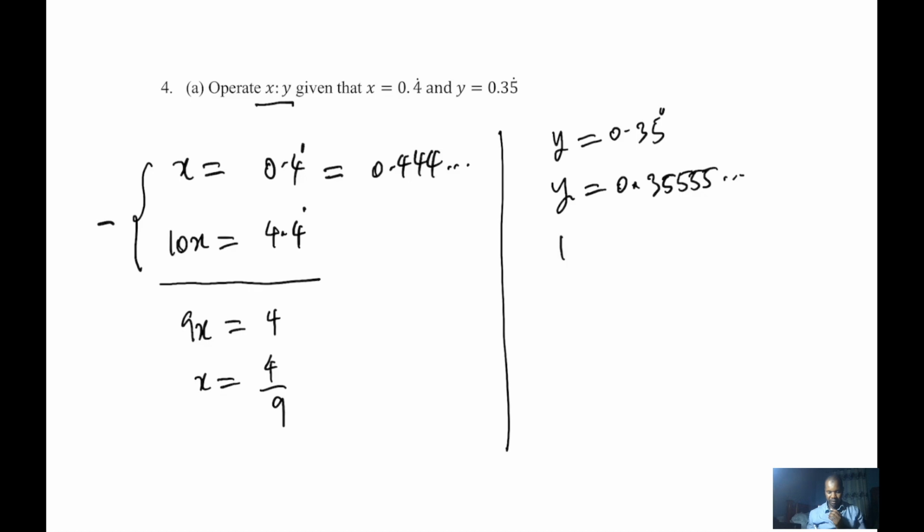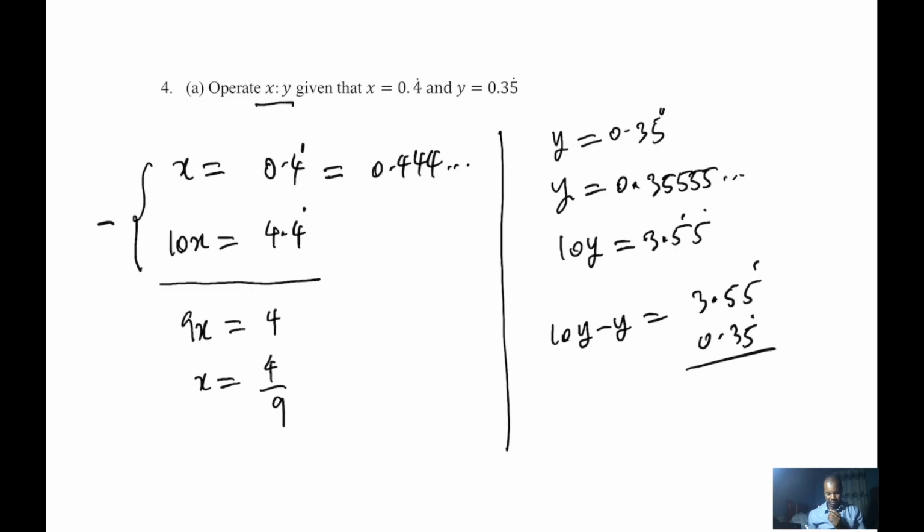When you multiply by 10, you'll have 10y equals 3.5 repeating, dear students. Or you just proceed with 5, repeating. So 10y minus y is the same as taking 3.55 repeating minus 0.35 repeating.